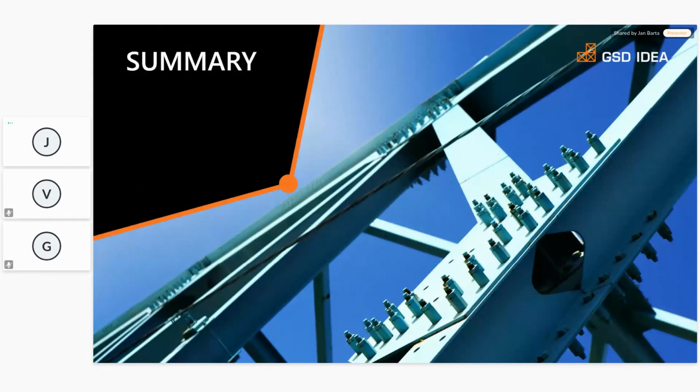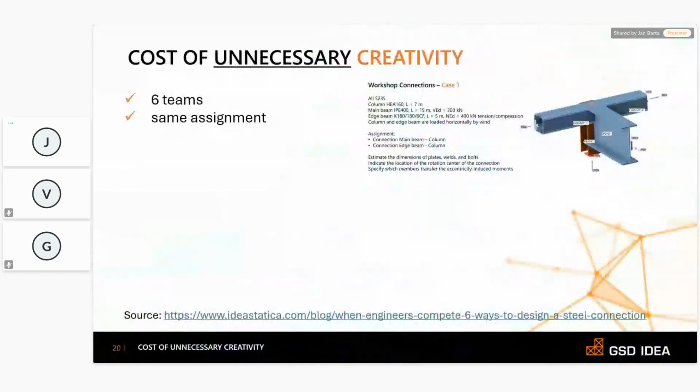I had this thought process this week, thanks to one blog post that was published on the Idea StatiCa webpage. You can find it on the Idea StatiCa blog, and it was a report from a kind of competition where 6 teams were involved, and Idea StatiCa was observing.